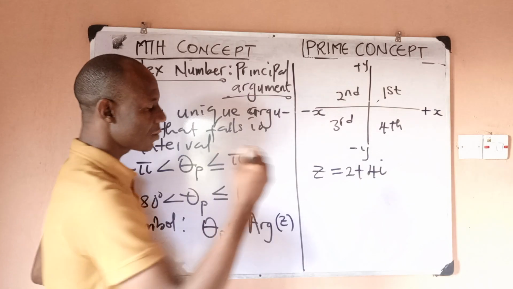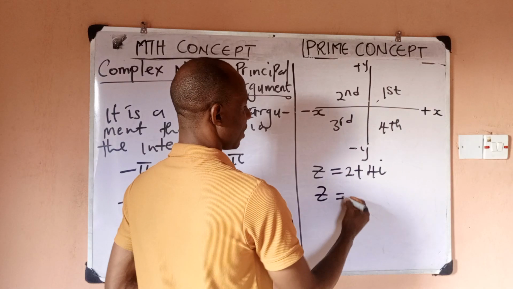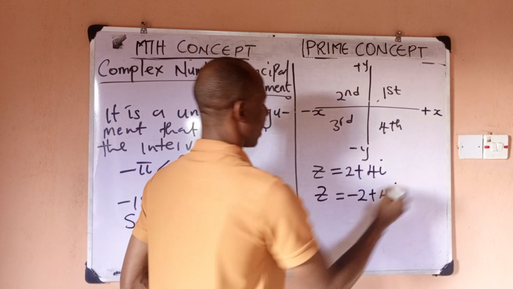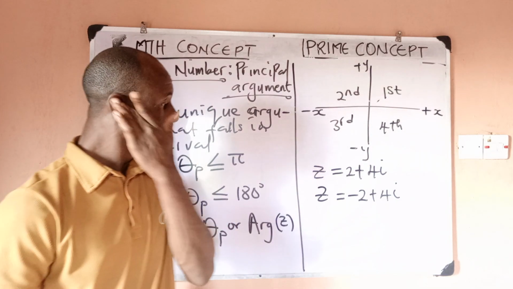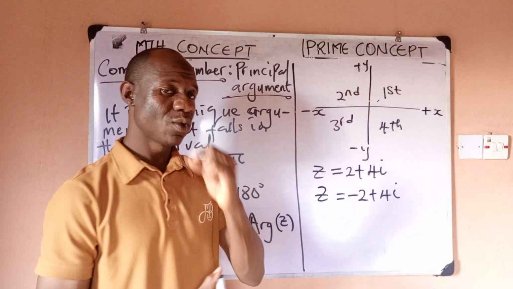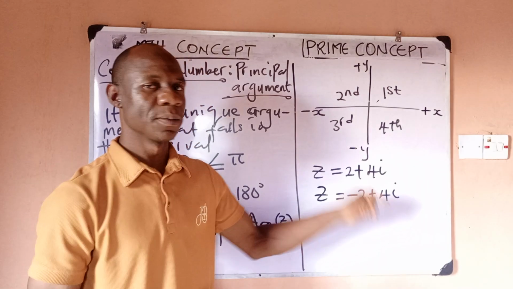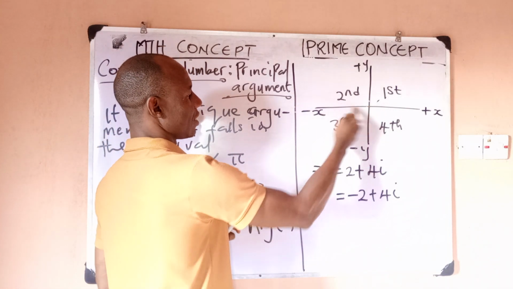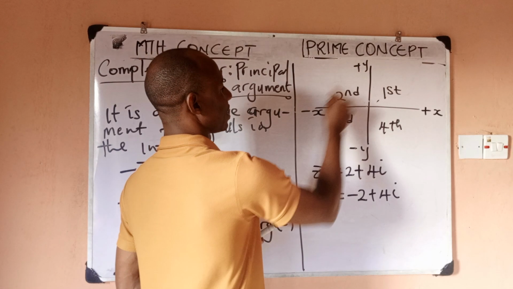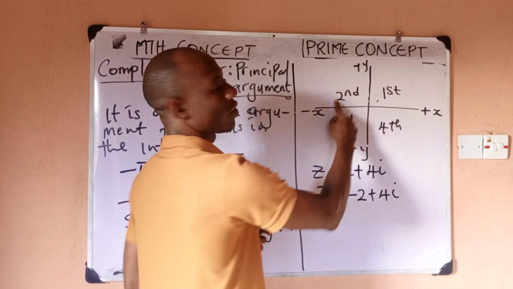Now, say we have z equals negative 2 plus 4i. You quickly notice that in this complex number, x is negative and then y is positive 4. So for negative x, this is your negative x. For positive y, this is your positive y. So between this and this is what? Second quadrant.